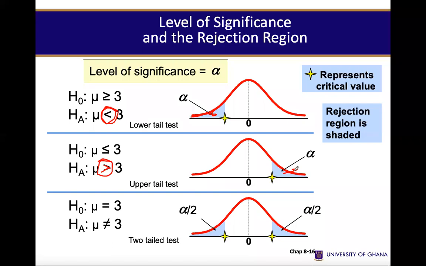Then we have the two-tailed test. The two-tailed test has the not-equal-to sign as the alternate hypothesis.